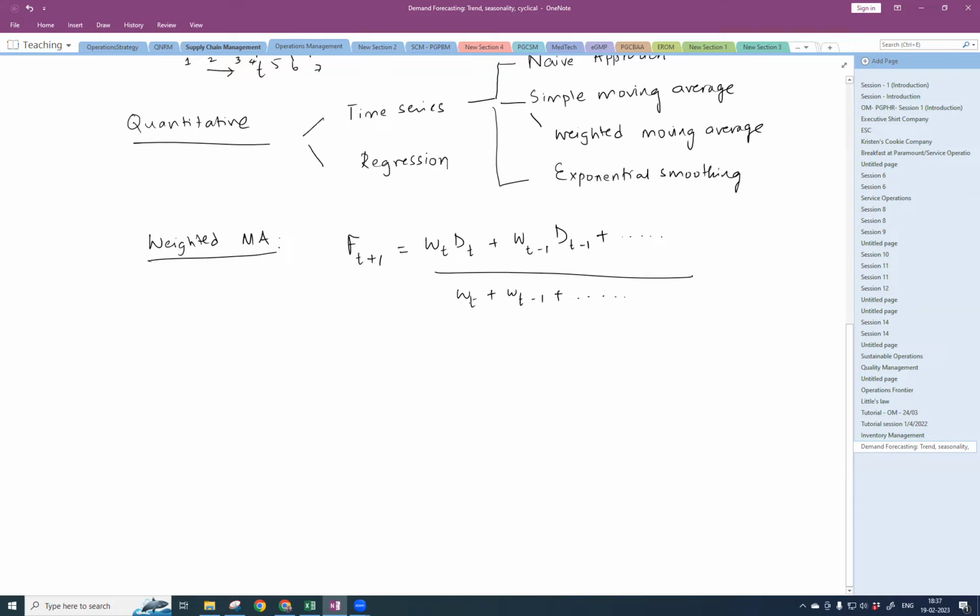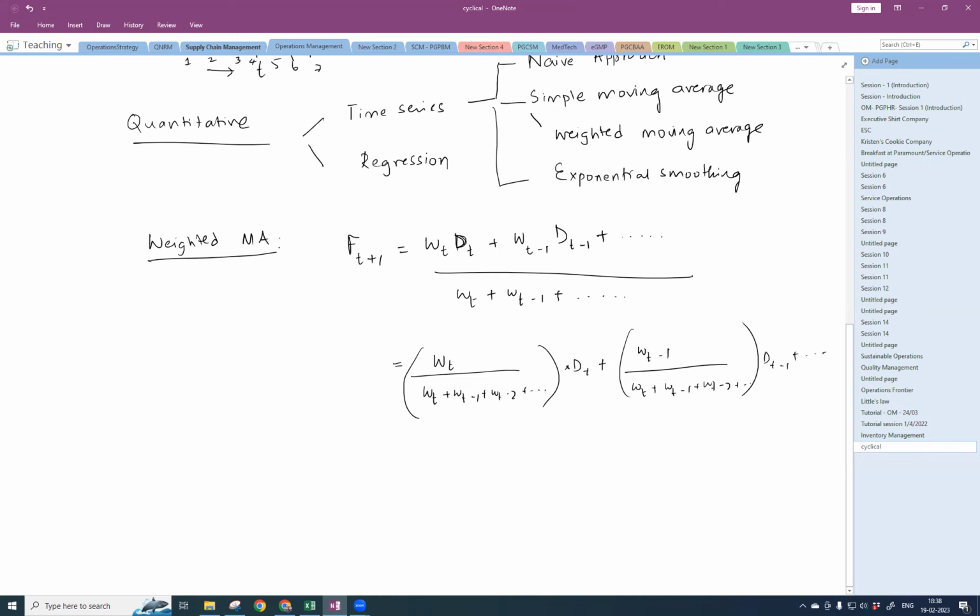If you look at the weight associated with the demand value dt, it is Wt, or I can also write it as Wt divided by Wt plus Wt minus 1 plus Wt minus 2 and so on, taking this as 1 unit and multiplying with dt. In the same way, Wt minus 1 divided by Wt plus Wt minus 1 plus Wt minus 2 and so on, multiplied by dt minus 1, and so on.